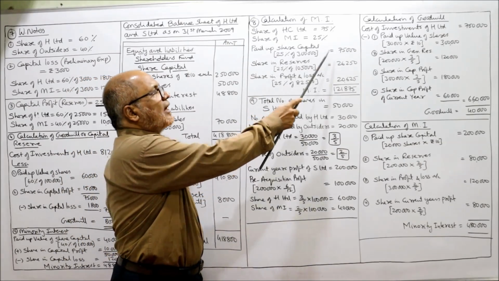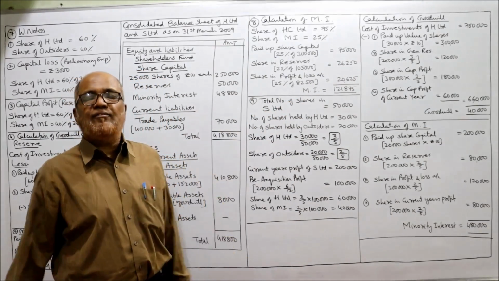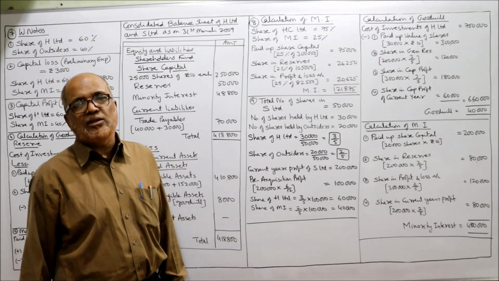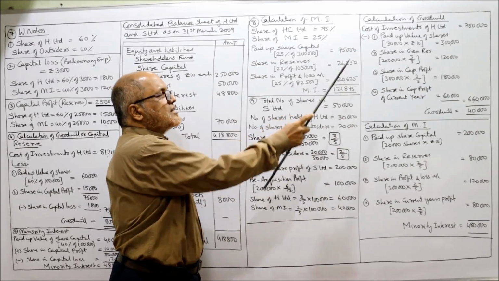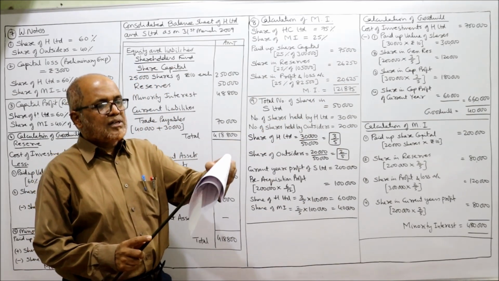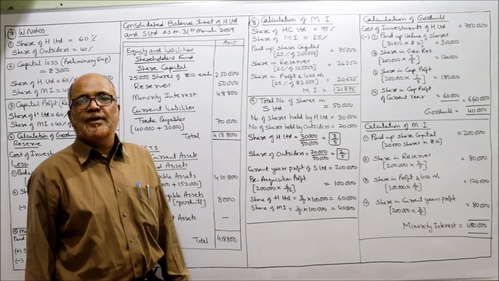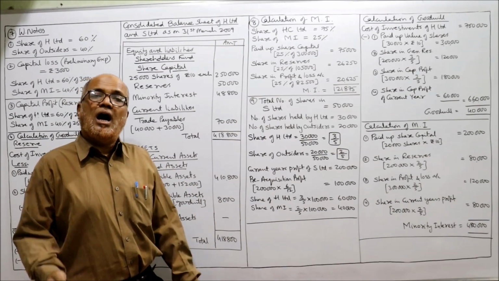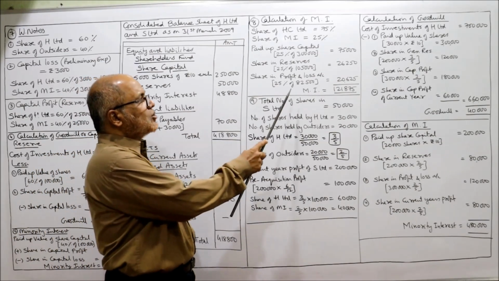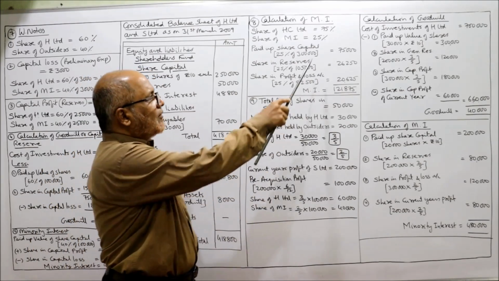So 25% of 3 lakh. Reserves: SC Limited reserves are 1,05,000. 25% of 1,05,000 is 26,250. P&L account is given as 82,500. The accumulated profit surplus is 82,500. Again, 25% of 82,500 is 20,625. That's all. Take the total of these three items.